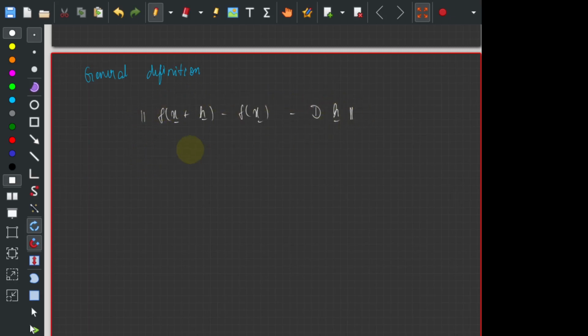So essentially, what is the derivative trying to do? It's trying to get a first order approximation of your function. So basically at x, you're trying to approximate f by a straight line. The slope gives you the derivative.